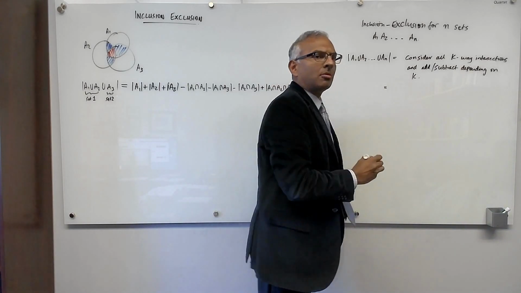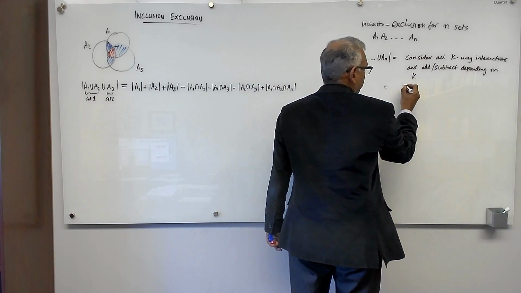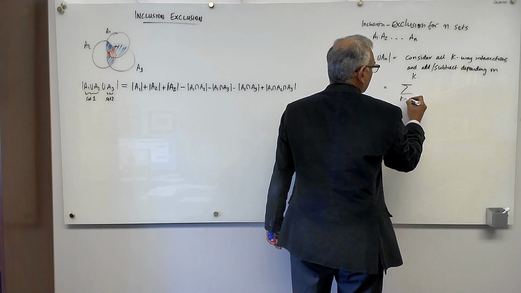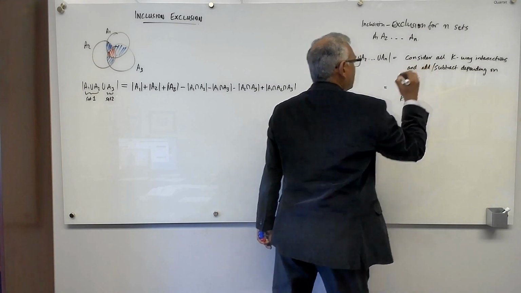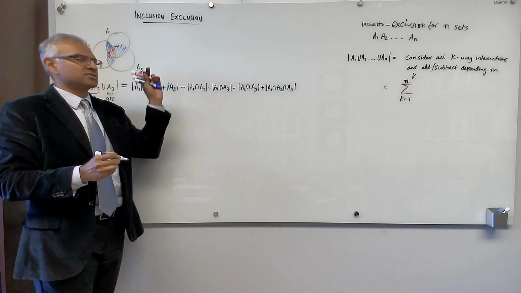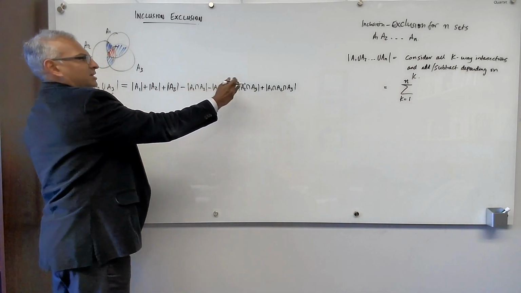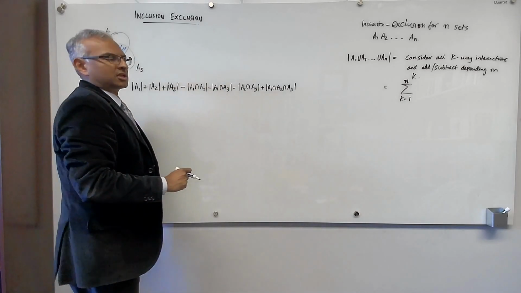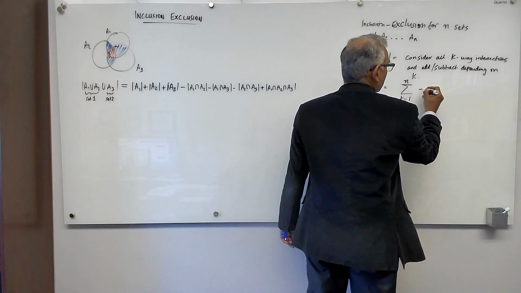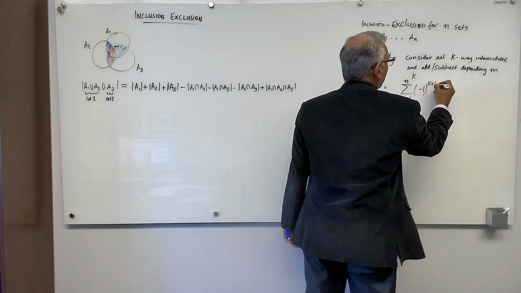So we can write this compactly as the sum from k equals 1 to n. You start with the 1-way intersections, then the 2-way intersections, and so on. But because of this alternating sign, we need something like -1 to the k. Well, it's actually -1 to the k plus 1.